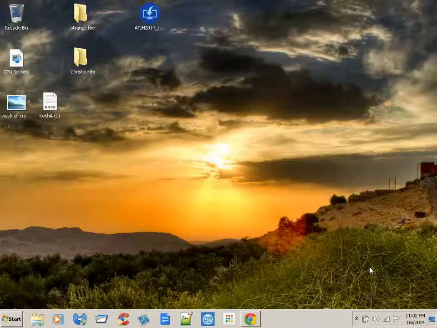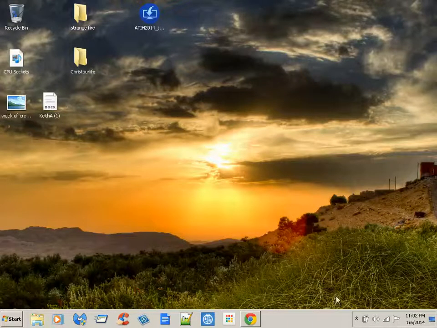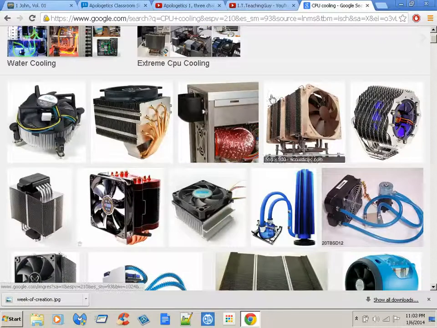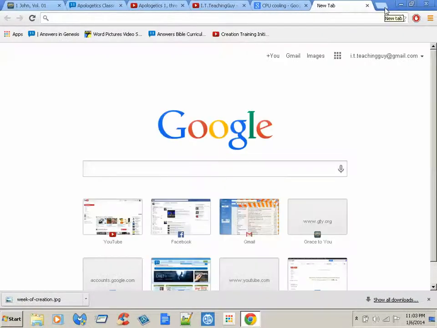So we go through heat sinks first, and heat sinks are a metal block with fins that draw heat away from the processor. So let's go into Google and check it out. Type in heat sinks.